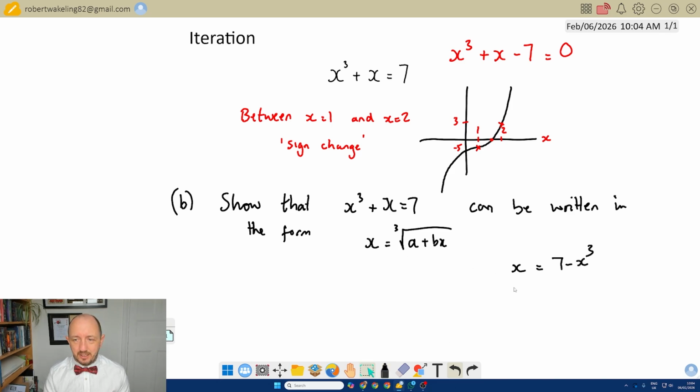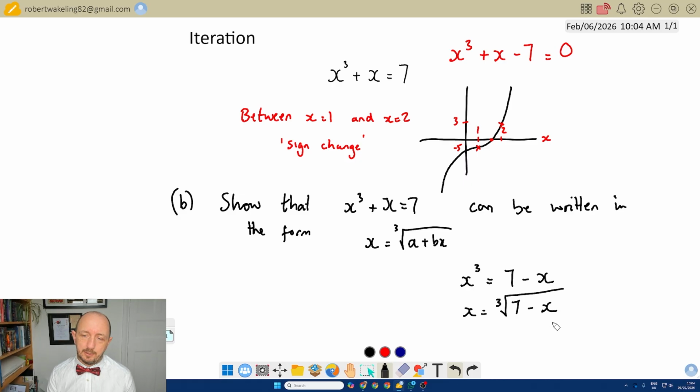So that doesn't work. And the clue is in the cube root like this. So I'm going to have to make this one the subject to get the cube root at the end. So x cubed equals 7 minus x, and then x equals the cube root of 7 minus x, like that.